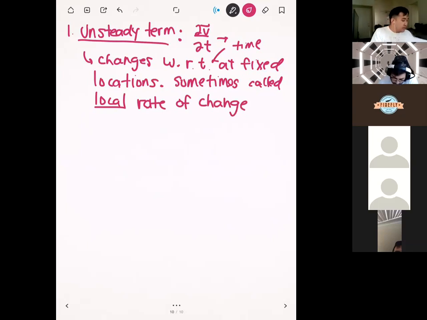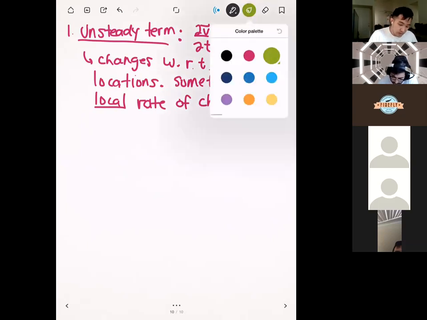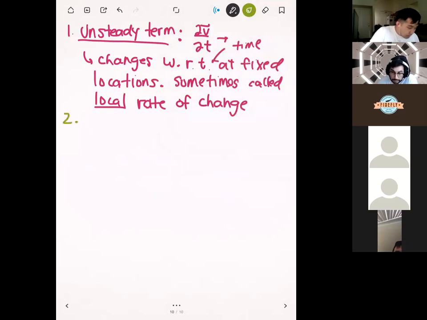Local meaning that it's only at a small fixed location. And so now that's the first group of terms. I call it a group, but it's just one term. All the other terms in the material derivative make up the second group, and we call these the convective terms.